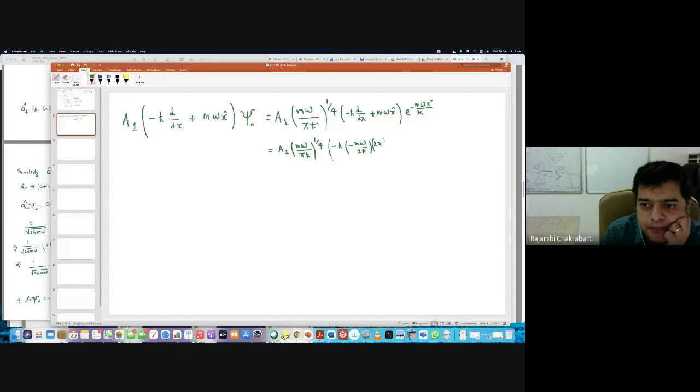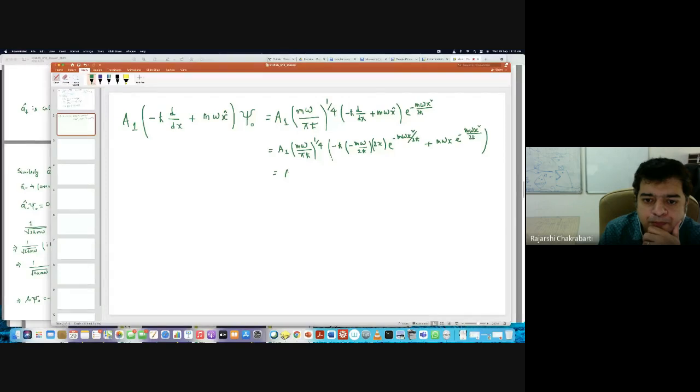Minus h plus 2x e to the minus m omega x square by 2h plus. I think this is fine. Should be fine so far. Let me know if it is fine. Hopefully, I think it is fine.